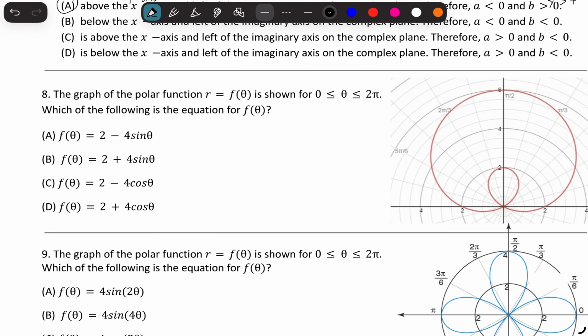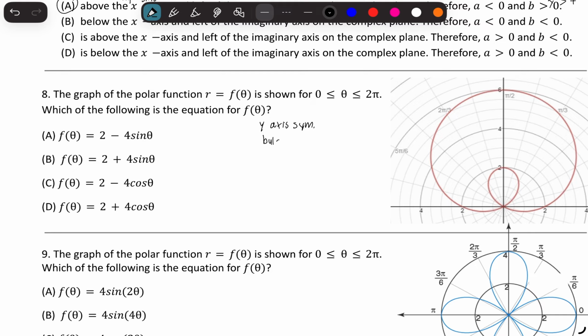The graph of the polar function r is equal to f of theta is shown for theta between 0 and 2 pi, and can be equal to either of them. So what we know from the graph is that it has y-axis symmetry.